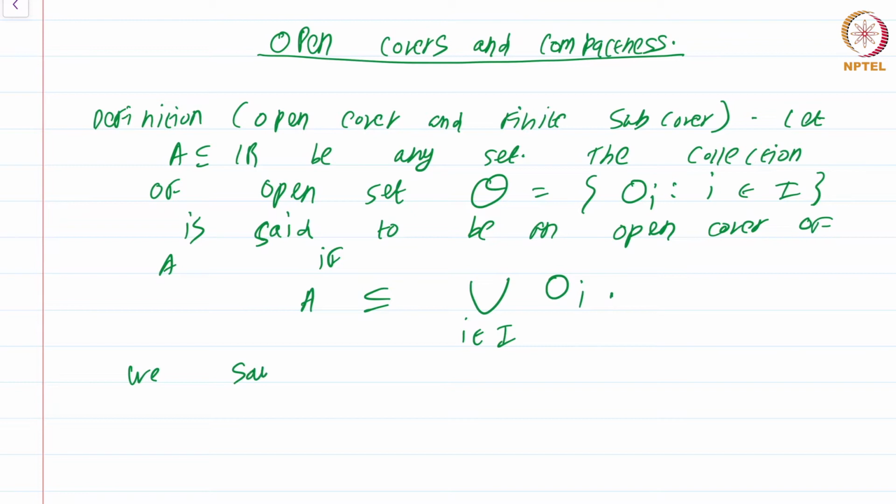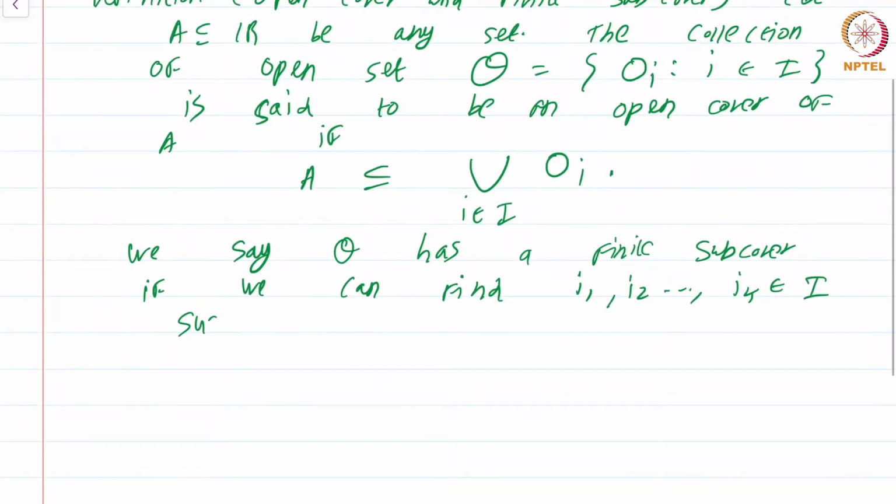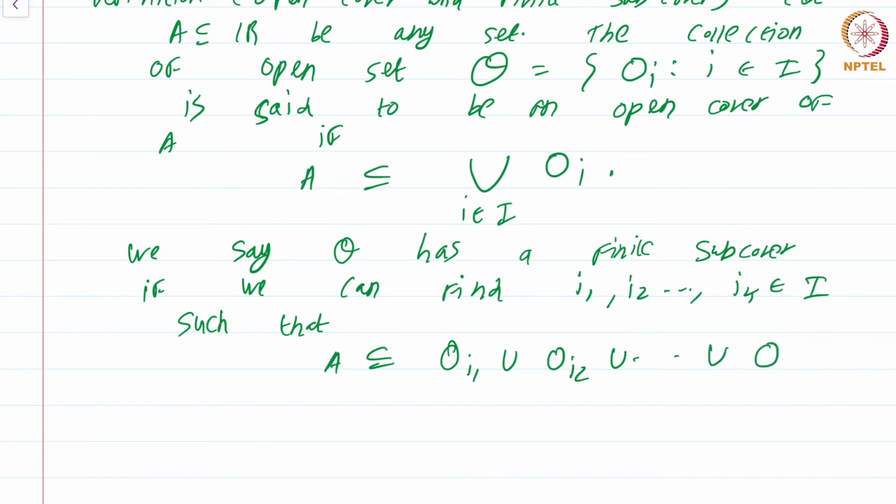We say that O has a finite subcover if we can find i_1, i_2, ..., i_k in the indexing set I such that A is a subset of the union O_{i_1} union O_{i_2} union ... union O_{i_k}.